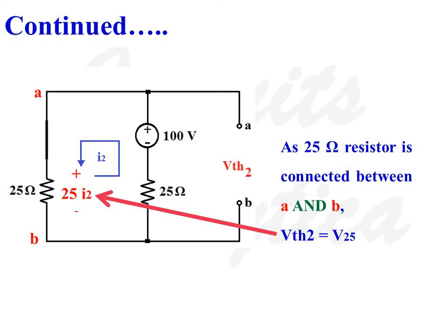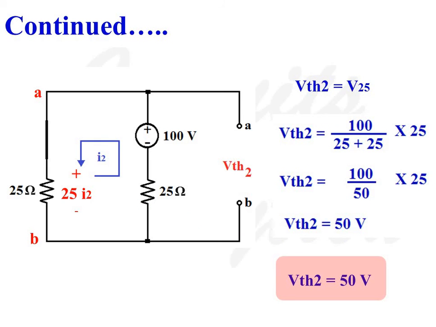As the 25 ohms resistance is connected between A and B, VTH2 is equal to V25. Applying the voltage division rule, we get VTH2 is equal to 100 divided by 25 plus 25 into 25. So VTH2 is equal to 50 volt.